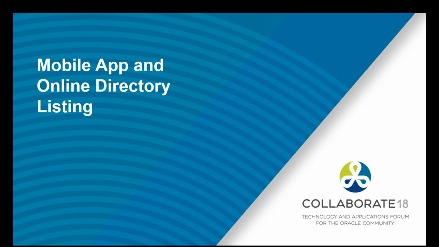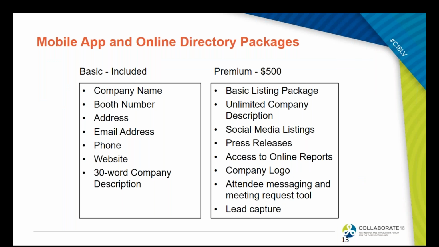Moving into the mobile app and online directory listing. So we offer kind of two versions of this. The included version, so anybody who's an exhibitor gets the basic version, and that includes company name, booth number, address, email, phone, website, and a 30-word description.